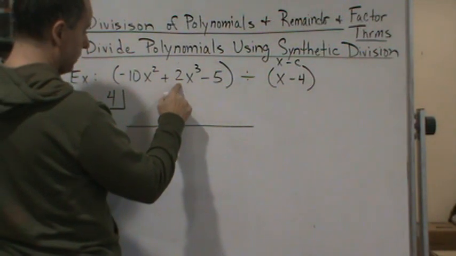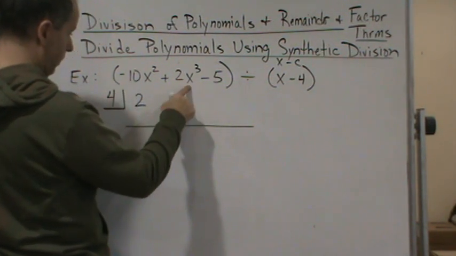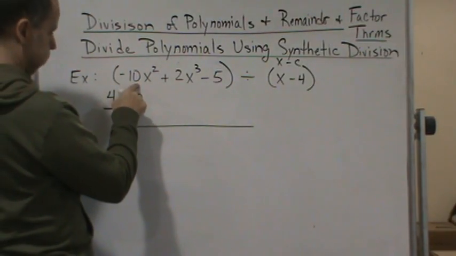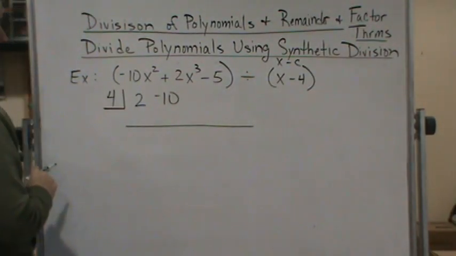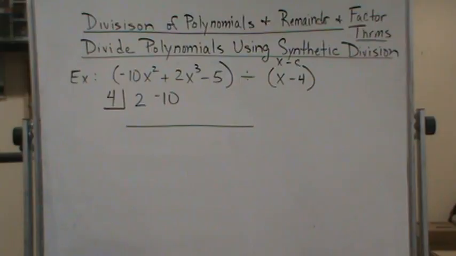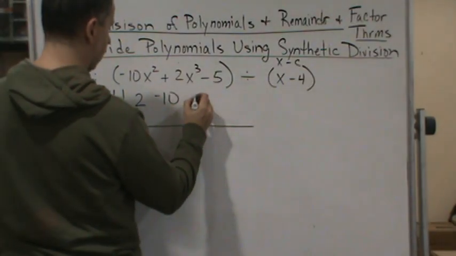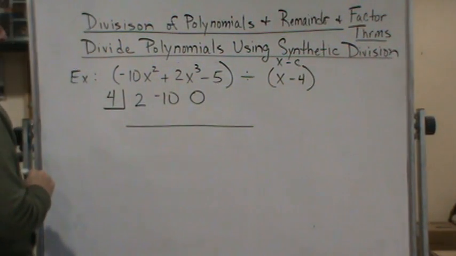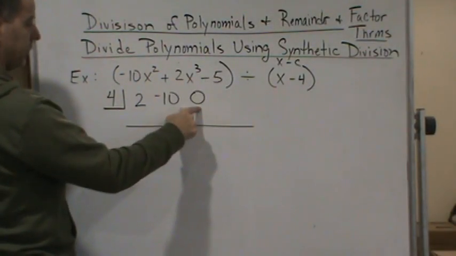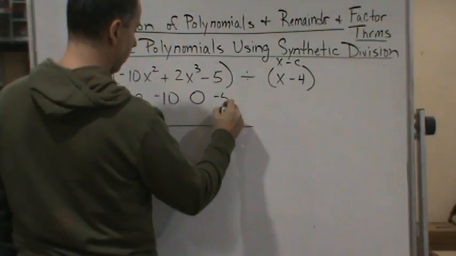So the coefficients need to be 2, followed by negative 10, followed by 0, because there's no x term, so 0 is a placeholder, and then followed by negative 5.